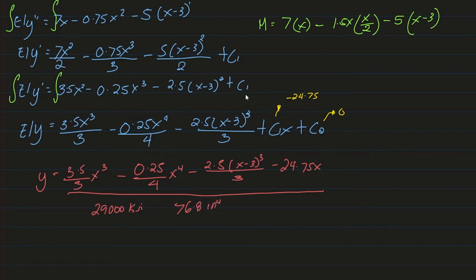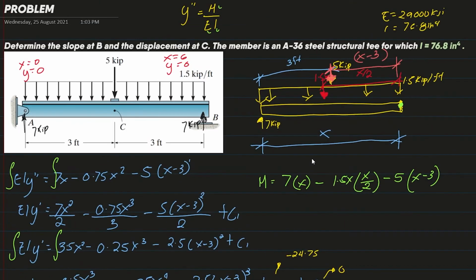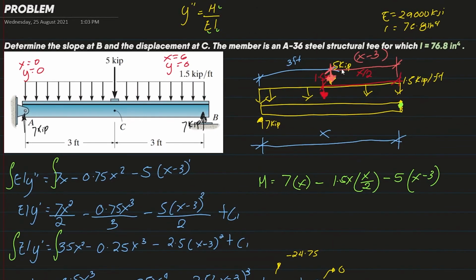Okay. Now, before we can proceed, we need to make sure that our units are the same. Dito sa moment equation natin, ano ba yung mga ginamit nating units dito? So, yung mga ginamit natin dyan is kips in terms of force, and in terms of distances, we use foot, right?